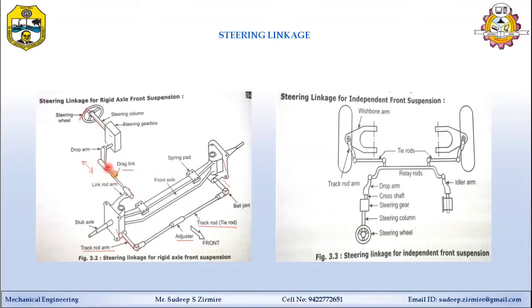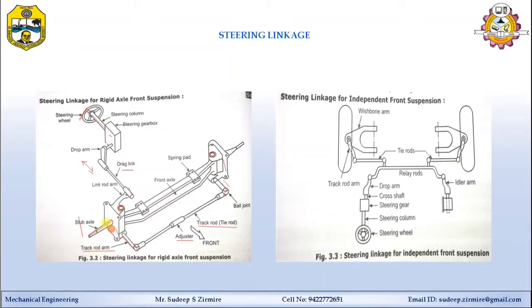This to-and-fro motion is transferred into longitudinal motion of the drag link. So it pushes the end of this forged stub axle, and this stub axle is pivoted at these points. Both are pivoted at this point. So it rotates about this, and it converts into angular motion, and it turns in this direction.